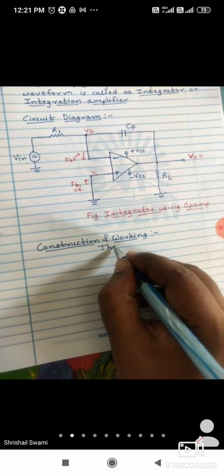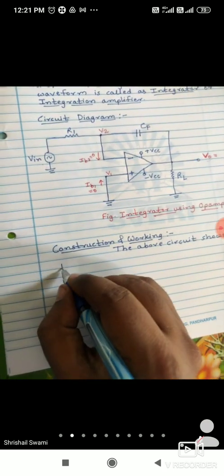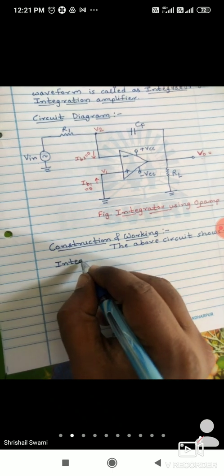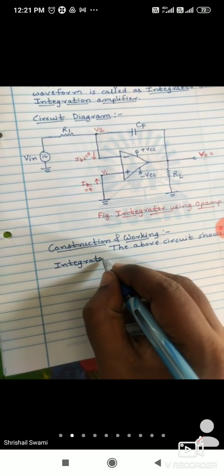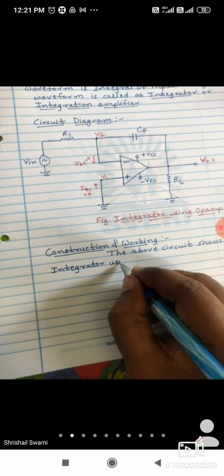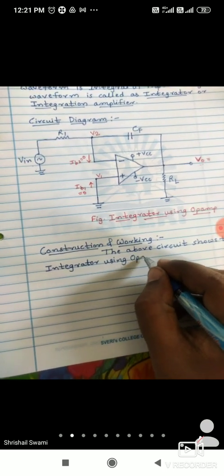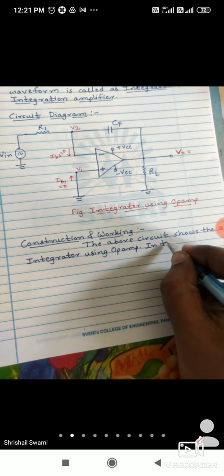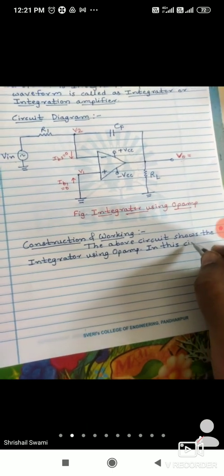The above circuit shows the integrator using op-amp.